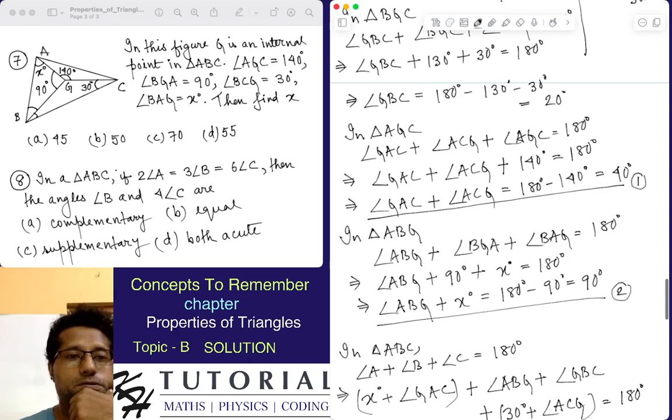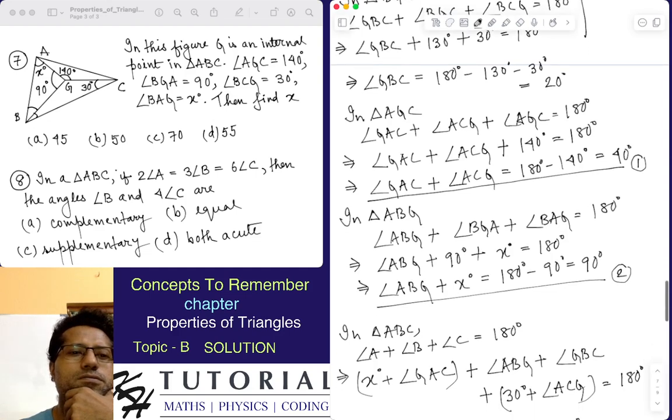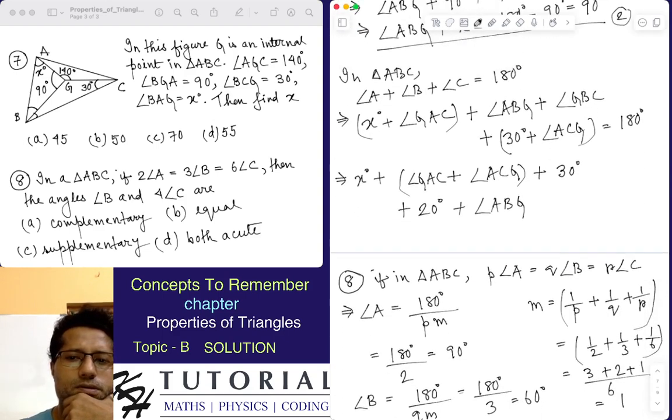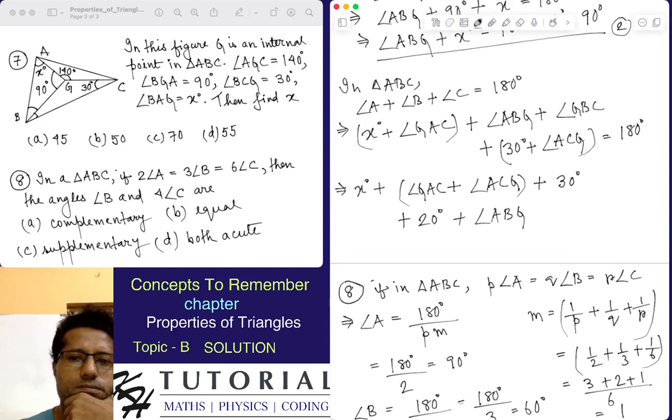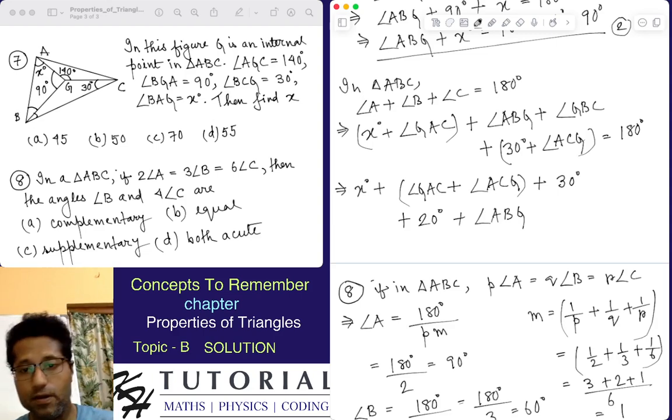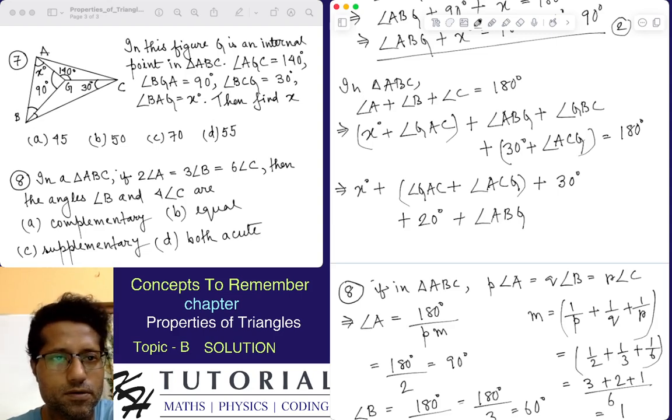So X plus 110 degrees plus 150 degrees plus 180 degrees. It's very strange. X is coming to be 0 degrees. It cannot be 0 degrees. Okay, I will leave it here. Sorry, I couldn't solve problem number 7.